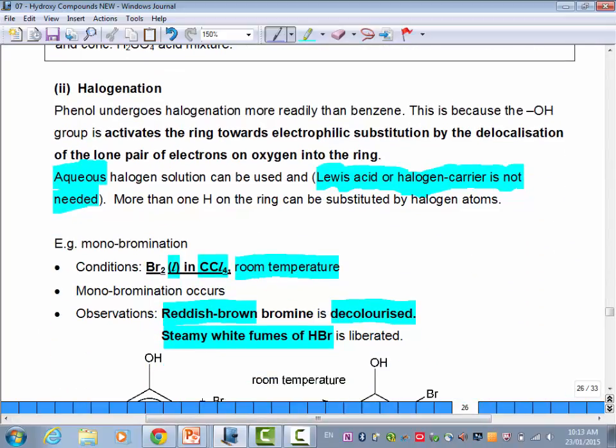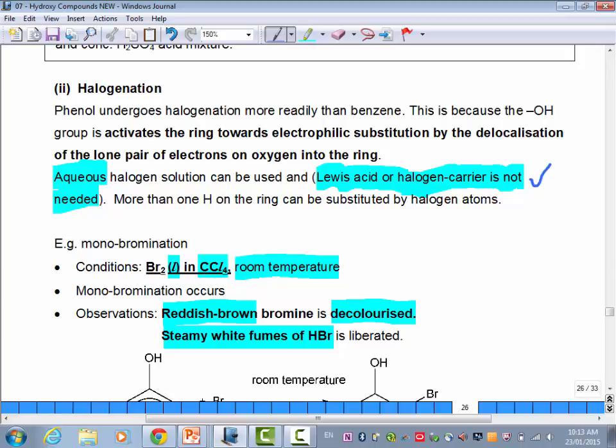So in the case of halogenation, same thing. Previously in benzene, it requires the use of your halogen carrier, for example AlCl3 or FeBr3. But in the case of phenol, you don't need your halogen carrier.